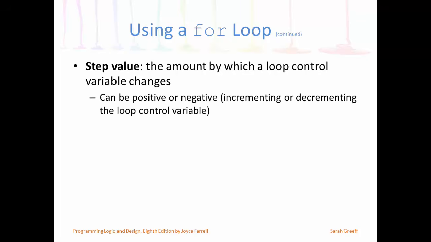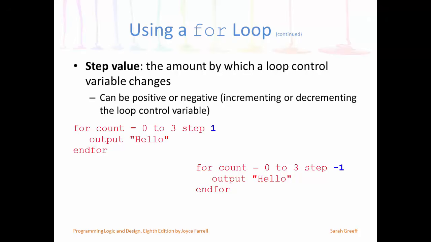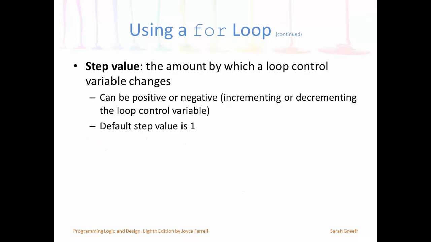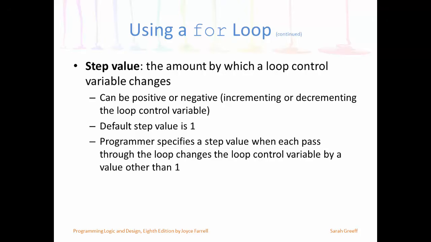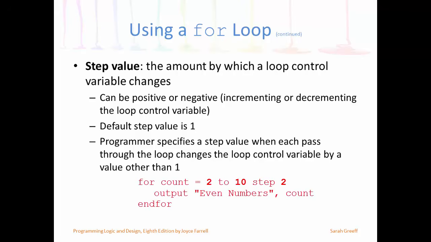It can be positive or negative, in other words, incrementing or decrementing the loop control variable. Its default step value is 1. Now, a programmer can specify a step value when each pass through the loop changes the loop control variable by a value other than 1. So you can use 2, 3, 4, 5, 6. You can increment it by as many values as you want.